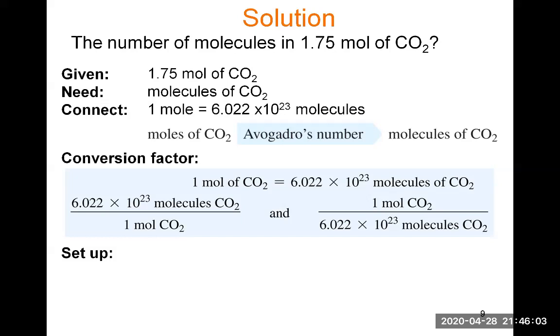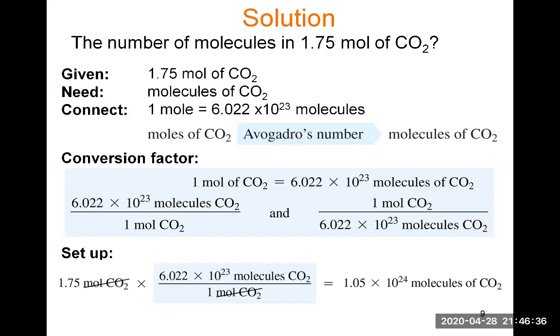So out of these two conversion factors, which one do you think we will use? Given that we start with moles of CO2, we want to cancel moles of CO2. So we will use the first one, the first conversion factor here to the left, because that will allow us to cancel moles of CO2 from the given amount with the denominator there. And molecules of CO2 will be on top, which is the desired unit.